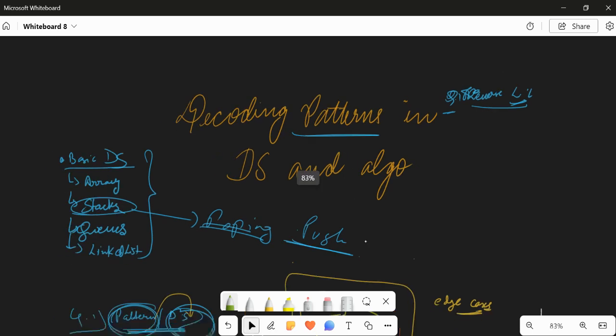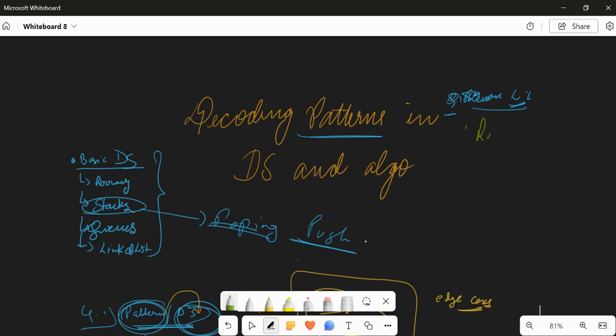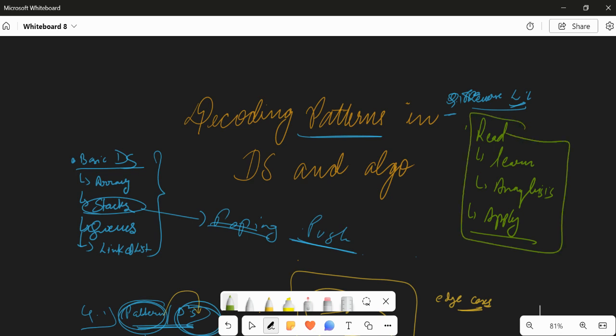You have to first read, then you have to learn, then you have to analyze what you have learned, and then you have to apply, right? It's not rote memorization at all. So these four steps are involved, and I am trying to repeat these four steps only, right?